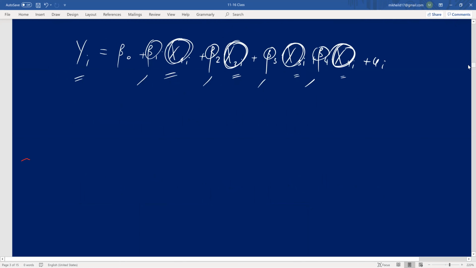And that's why we need to test sometimes a joint hypothesis about a combination of or different combinations of betas.